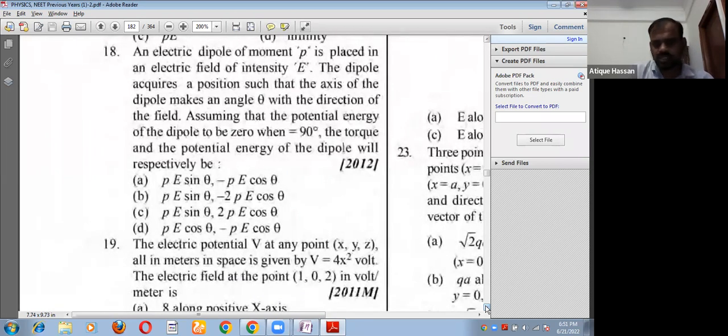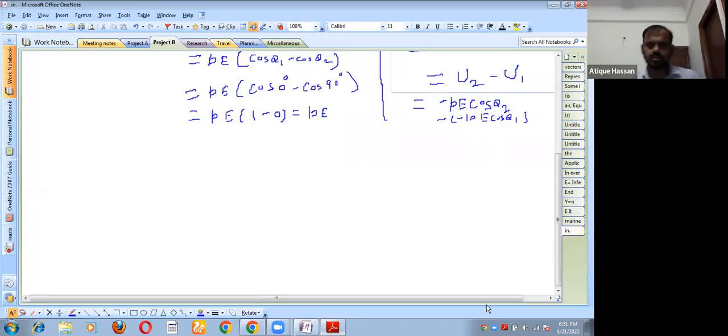The question says the dipole is making angle theta with the direction of the electric field. Then the expression for torque and potential energy, you have only been asked the formula. So let us look at how we can solve this question.